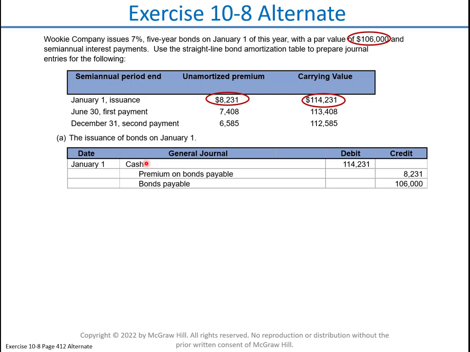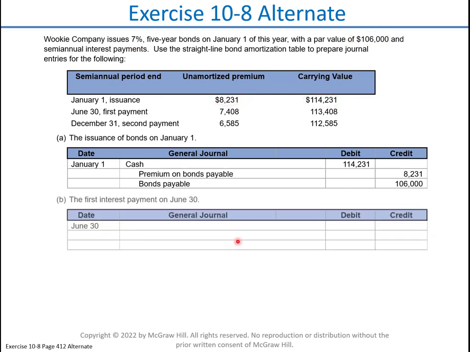Now we will look at the first and second interest payments. This is a 5-year bond. They pay interest twice a year, so there will be 10 identical journal entries related to paying the interest. They pay 7% a year. They're paying it twice a year, so they'll pay 3.5% every 6 months.